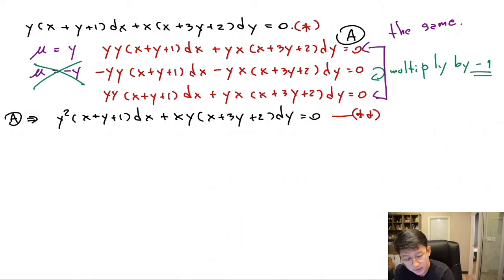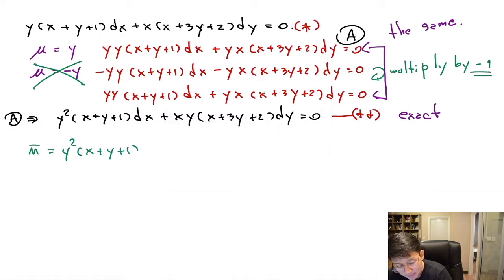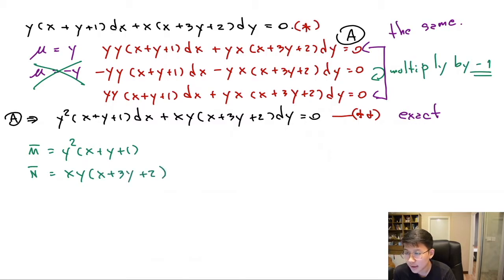And we know that this double star is an exact equation, right? But we want to show it. So we get M bar equals y squared(x + y + 1) and N bar equals xy(x + 3y + 2).